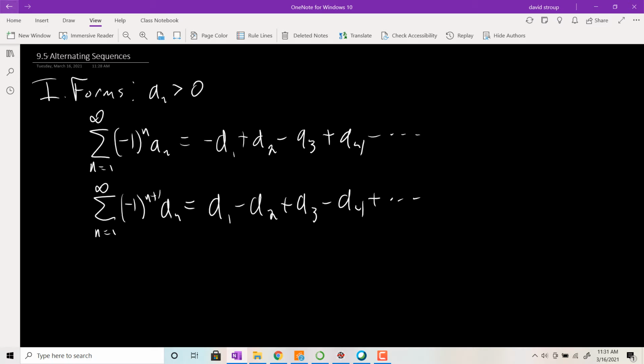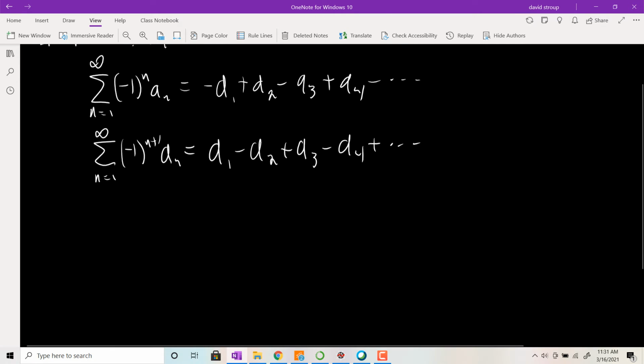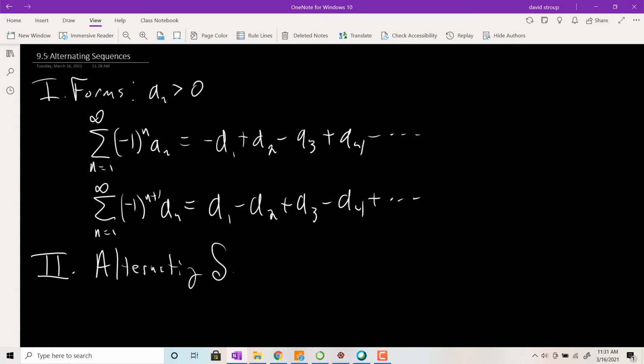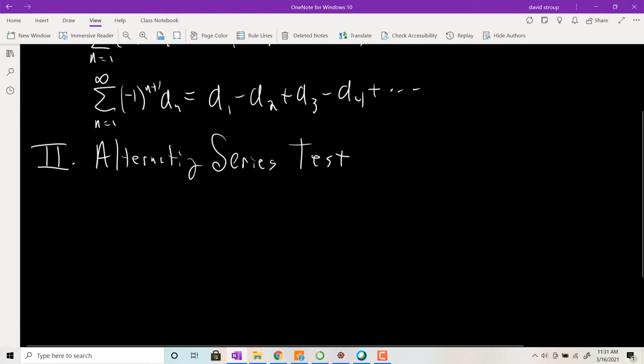We'll have the alternating series have their own test for determining the convergence or divergence. It's called the alternating series test. It's pretty simple to do. We'll assume again that the a sub n portion of the series is greater than 0.